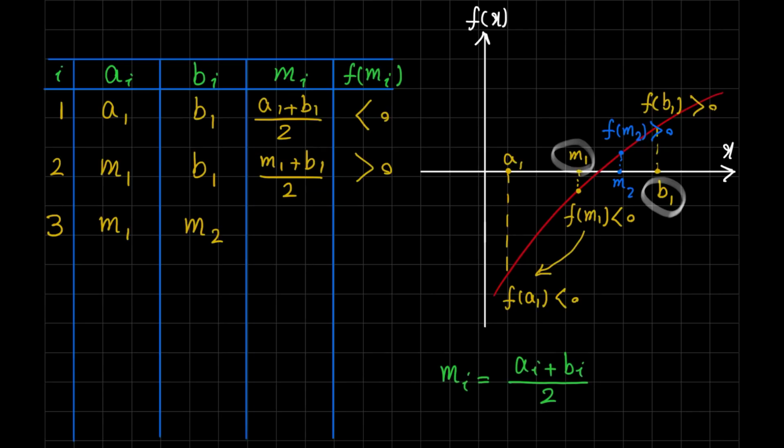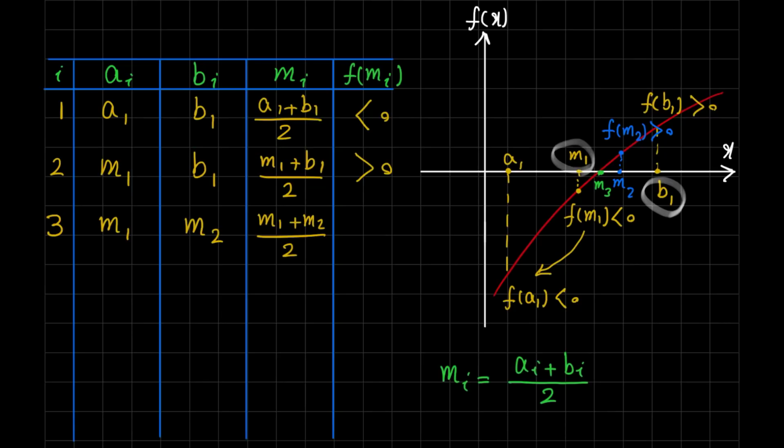And our new midpoint is (m1 plus m2) divided by 2. On the graph, we can see it's very close to the root. It's m3, or it is fair to say that m3 is the root. So we are approaching the root of the function, and after each iteration, the bounds containing the root decrease by a factor of 2. So that's pretty much the bisection method, which is very simple to understand.